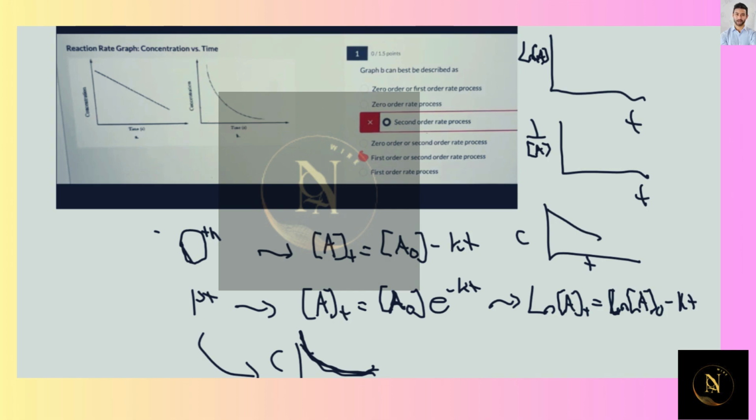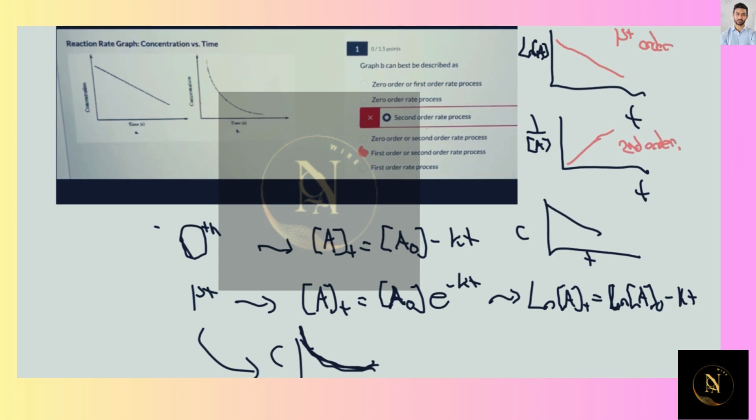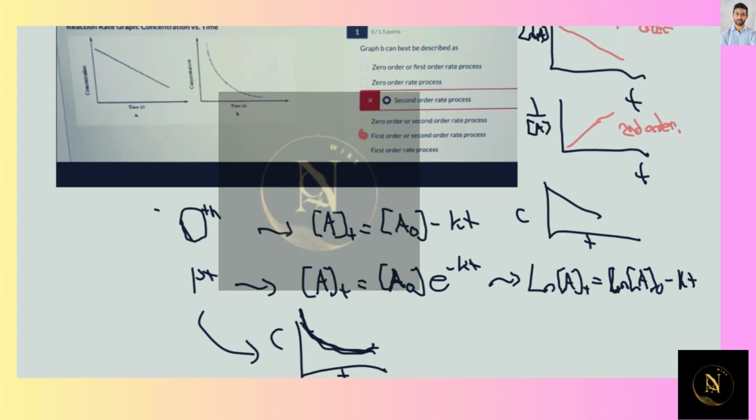So if over here we see a straight line, then this would be a first order. And if we see something like this on the plot of 1 over concentration with respect to time, then it would be a second order process. But since we don't have any extra information, the correct answer would be a first or a second order rate process.